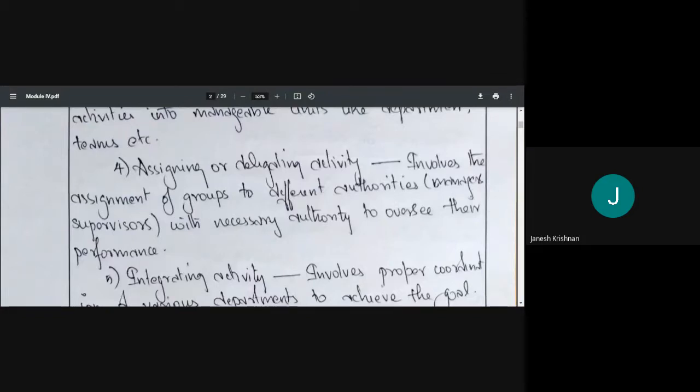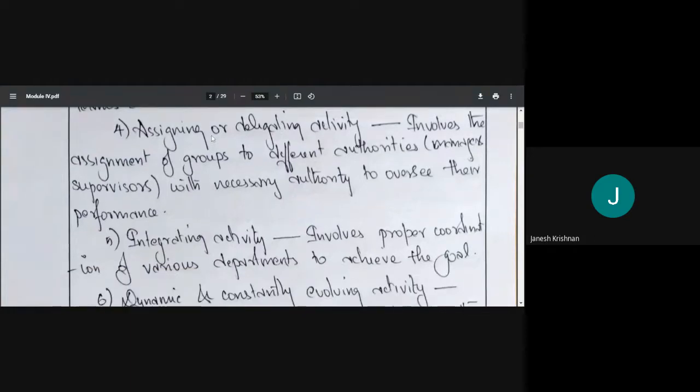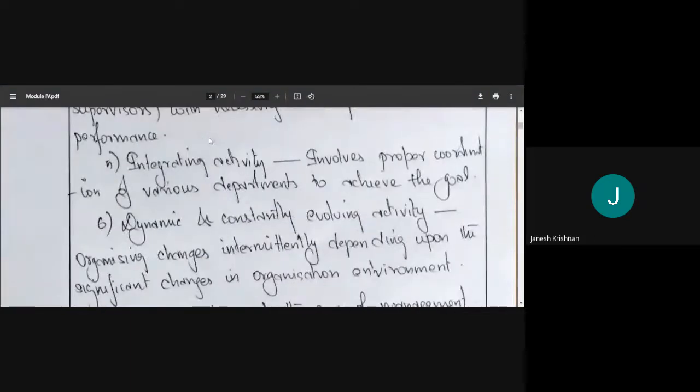The next one is integrating activity. It involves proper coordination of various departments to achieve the goal. Right? Like we know, we have on stage, we have off stage. Whenever we are scheduling, we should see that there's no clash.